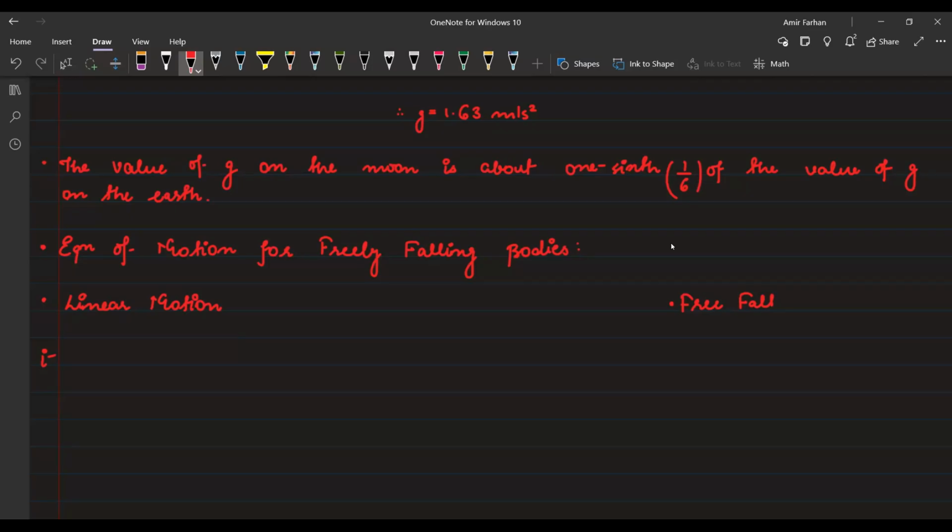Just a second, actually my pen got stuck. Just a moment. Okay, so let me write the first equation. That was v equals u plus at.